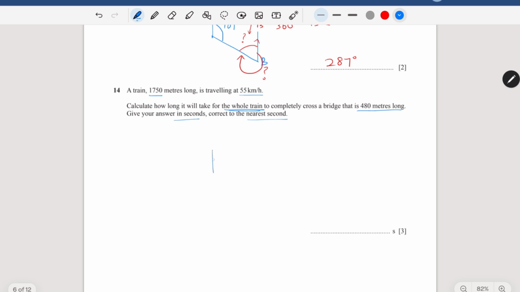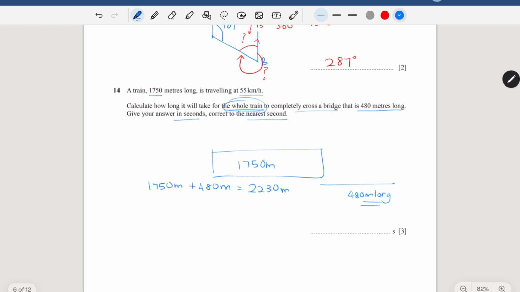So, the train is 1750 meters long, and it is crossing a bridge which is 480 meters long. For all parts of the train to completely cross the bridge, you need to add up the length of the train with the length of the bridge. 1750 meters plus 480 meters, so you will get the total length, which is 2230 meters.